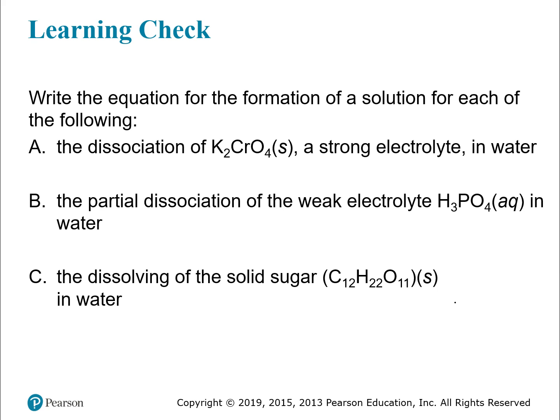So with the strong electrolyte, this is for A, you're going to form ions, right? So looking at the compound, we have to split it in two. We've got the potassium, and we've got chromate. Chromate is one of those polyatomic ions.